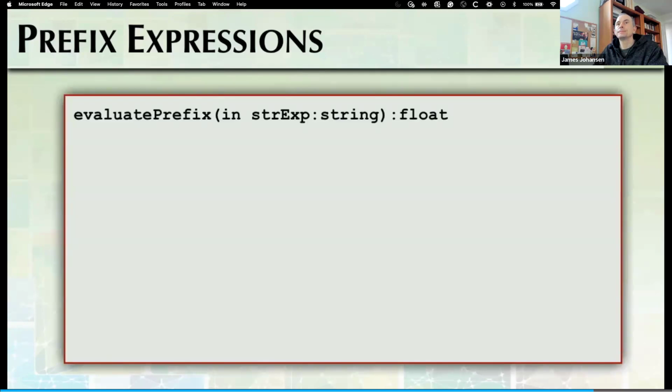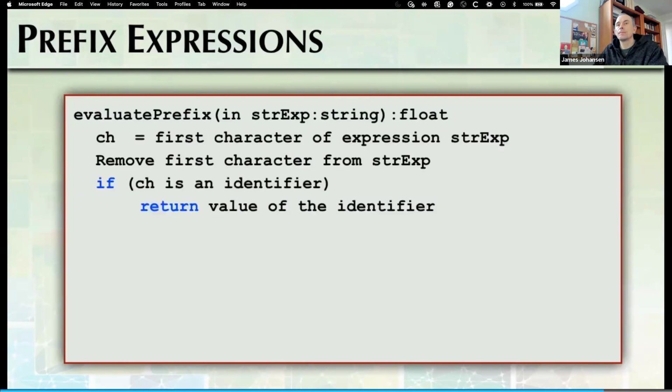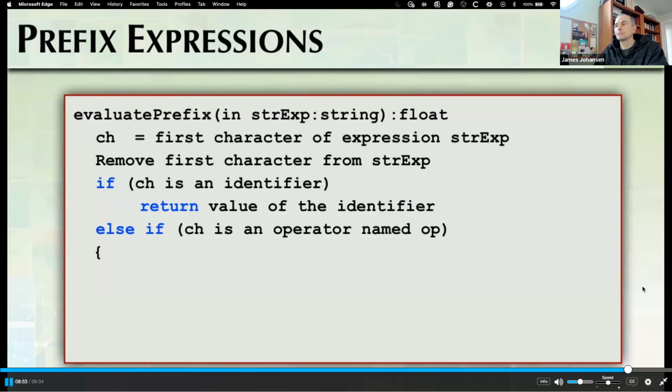So we can evaluate a prefix expression by first looking at the first character and removing it from the expression. Now, if this character is an identifier, we return the value of that identifier. We're done. Otherwise, if the character is an operator, we have the second definition of what a prefix expression is, which means the two things we need to operate on are going to follow this operator.